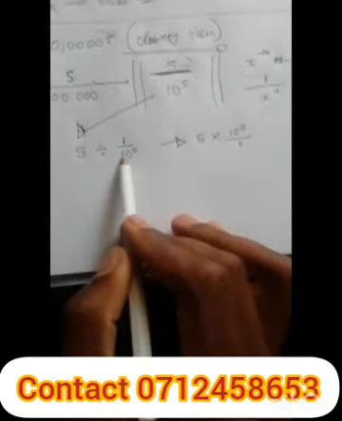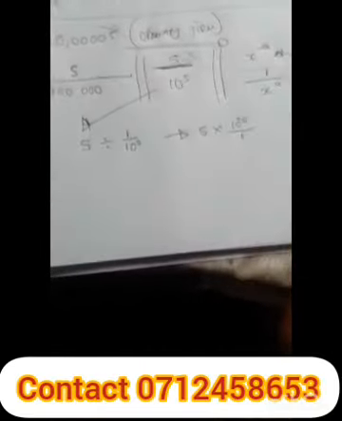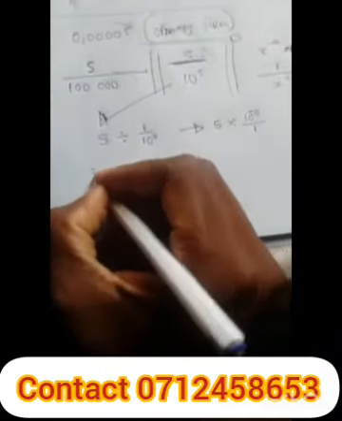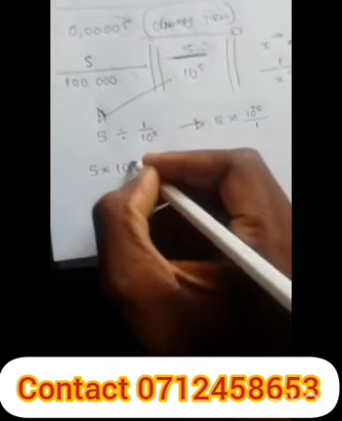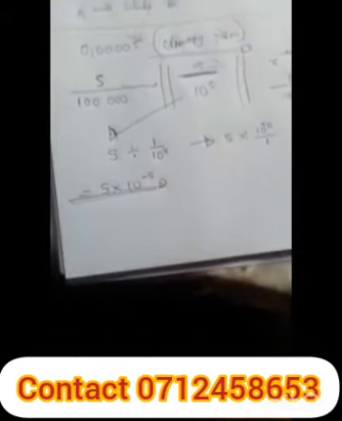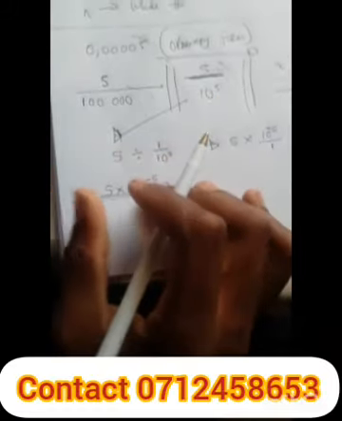So when this 10 to the power 5 comes on top, it will have a negative power. So when you are done, you can just say 5 times 10 to the power negative 5. This will automatically be your answer. You are done, safe and sound. That is the correct answer for this problem.